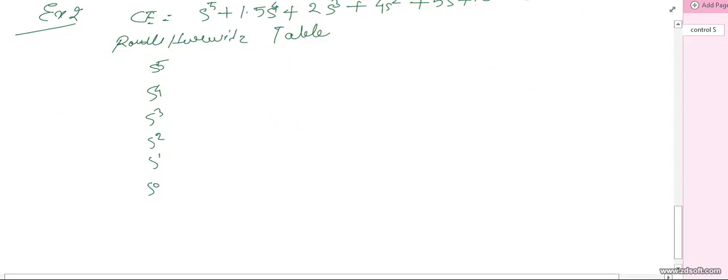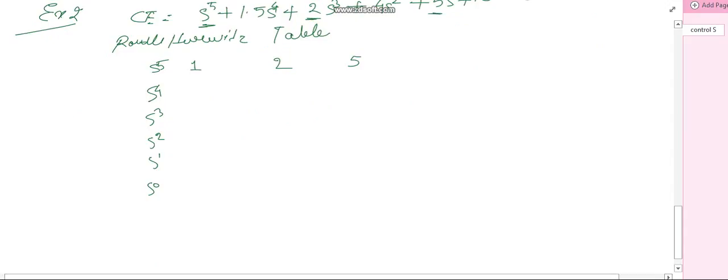Now here you can see from the equation that this is 1, this is 2, this is 5. I hope you are able to get this. For s5, choose the odd one 2, and then the next odd one, this is 5.